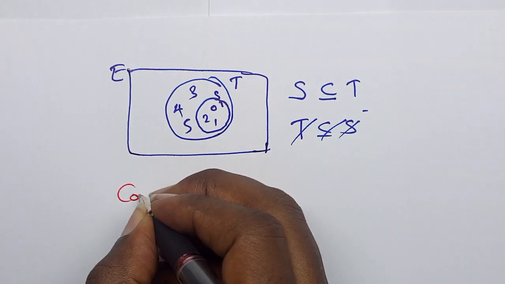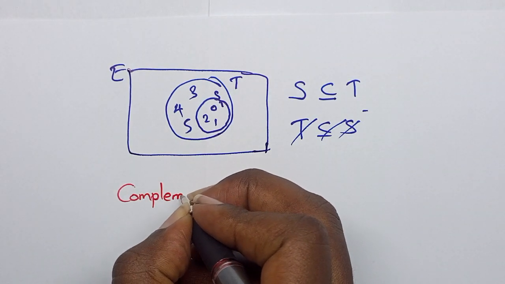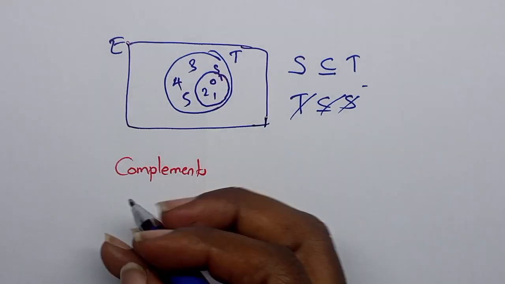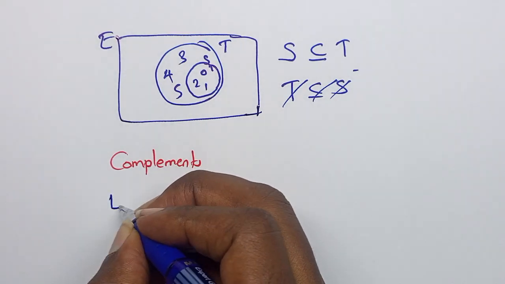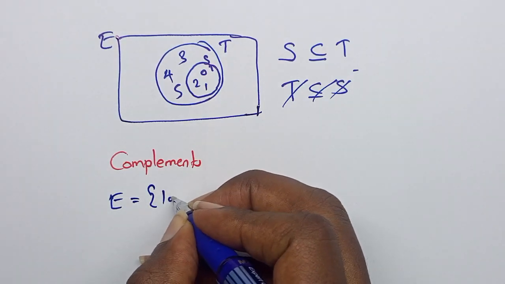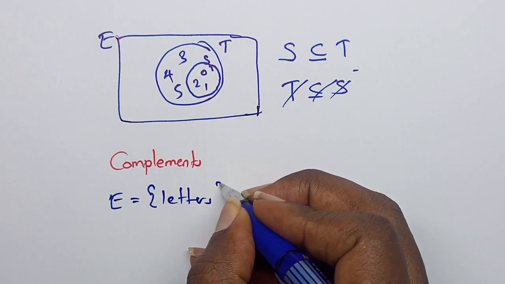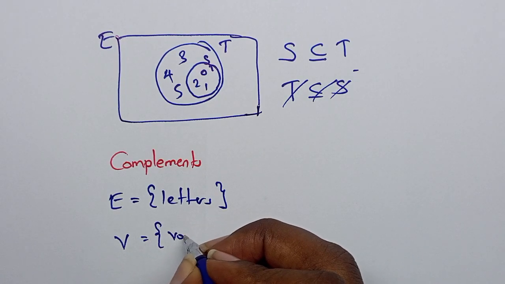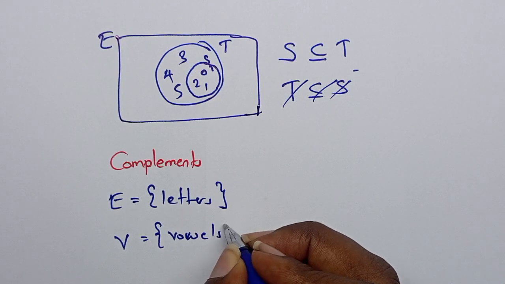Now let's look at complements of a set. For example, let's say set E is a set of letters. Then we have set V, a set of vowels.